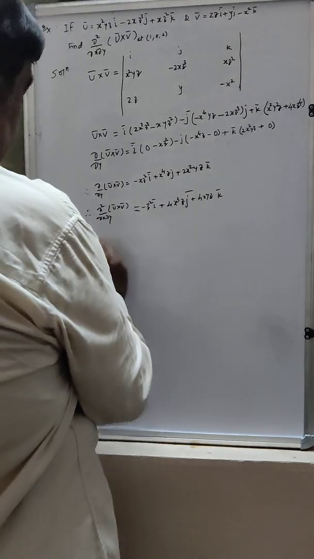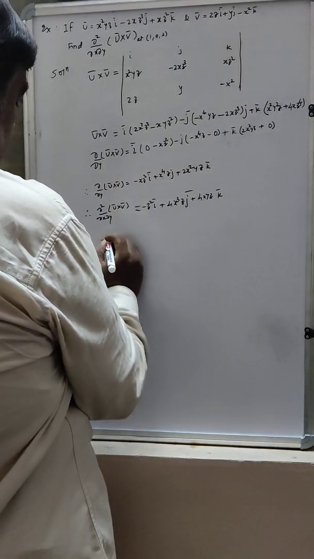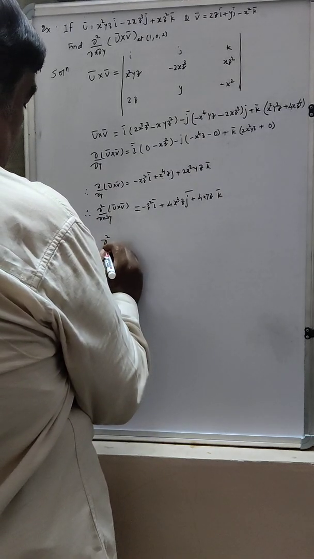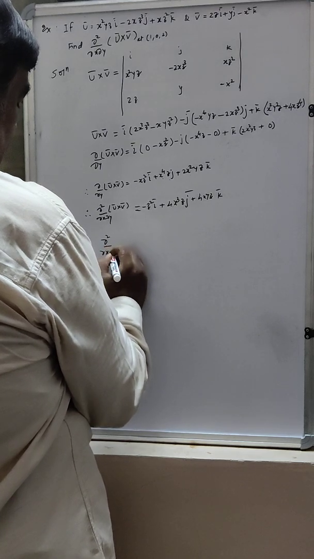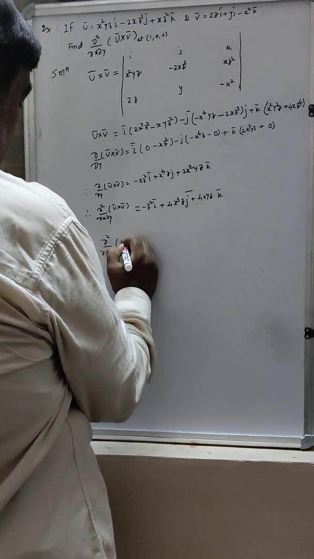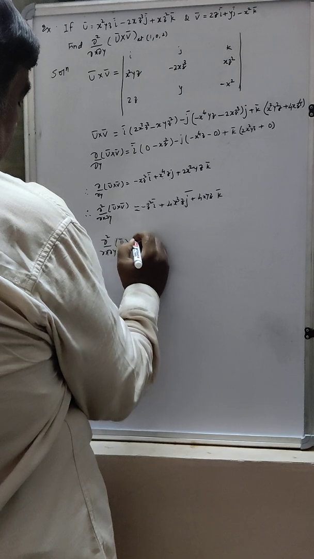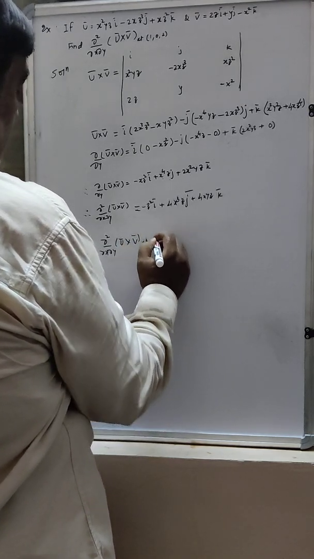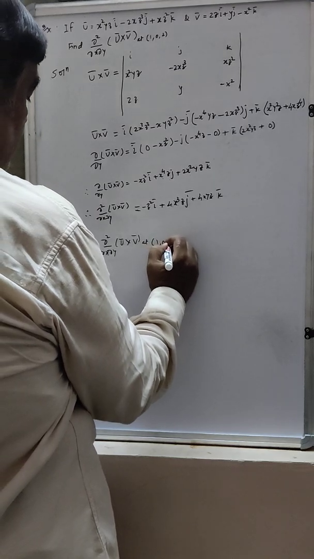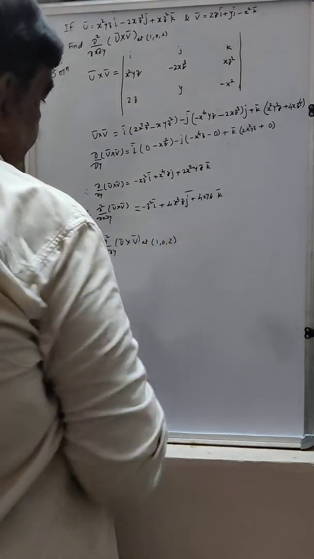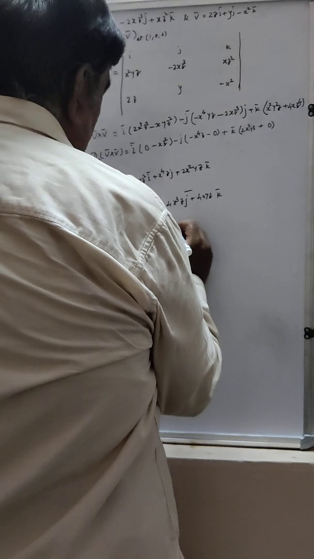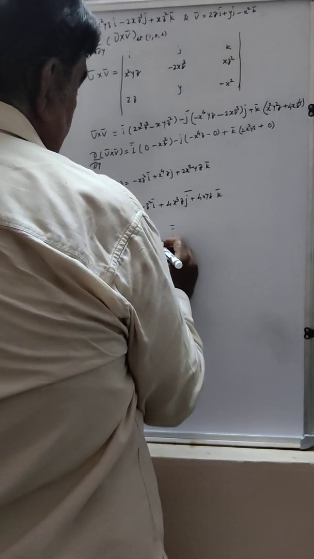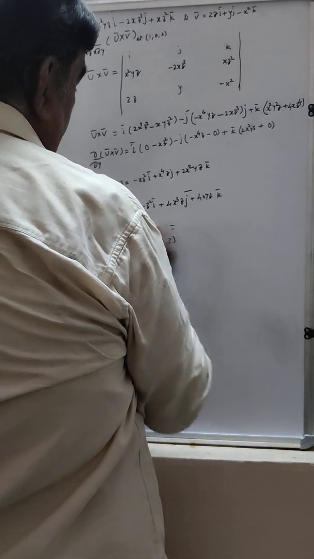Now ∂² by ∂x∂y of u vector cross v vector at point 1, 0, 2 is equal to, here the value of x is 1, y is 0, z is 2.